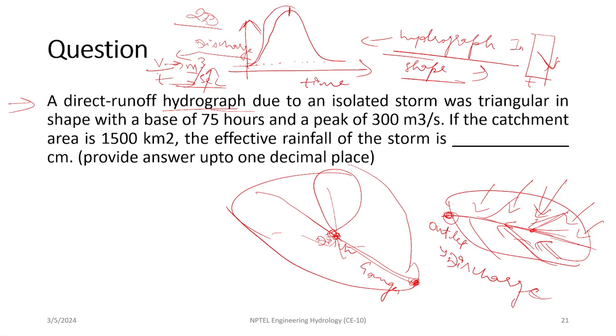Once the rain is receding and stopping, the remaining water, maybe stored in the soil moisture or infiltrated, contributes as base flow. That recession part represents that.